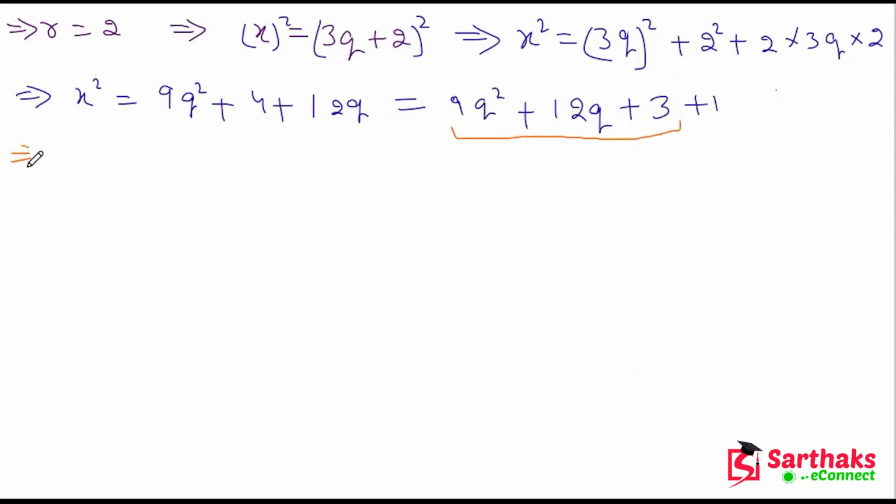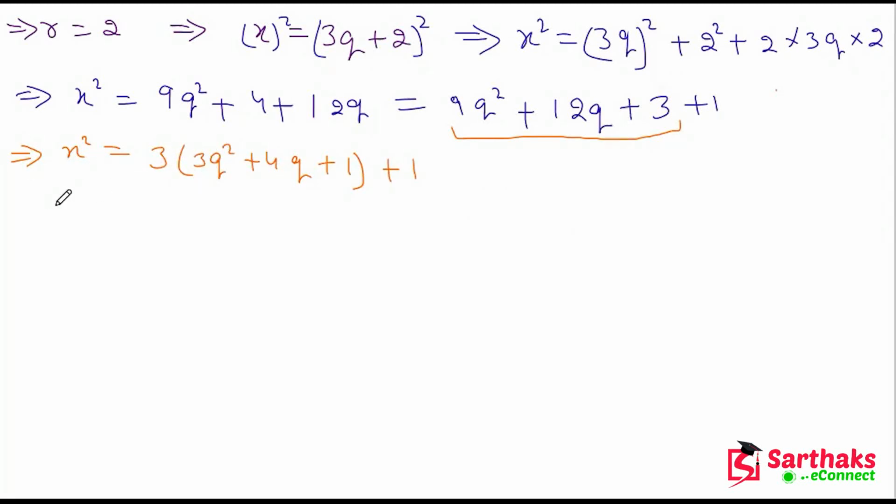So x square will become, yes, we take 3 as a common, and it will become 3(3q square plus 4q plus 1), and here is 1.